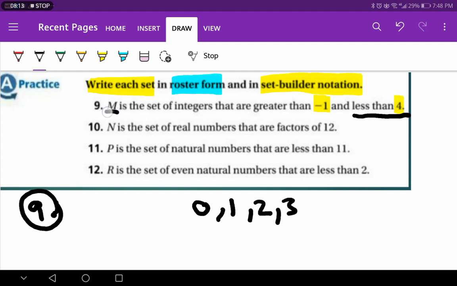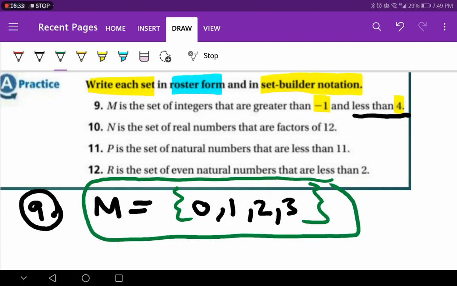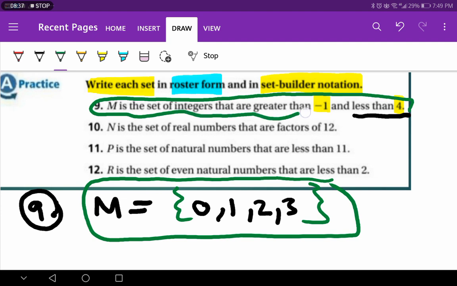So I write the letter name, M equals, and write the numbers, and this way is called roster form. So in roster form, my dear student, you have to mention the numbers this way. I translate the meaning of the words to numbers. Good. Now this is the roster form.